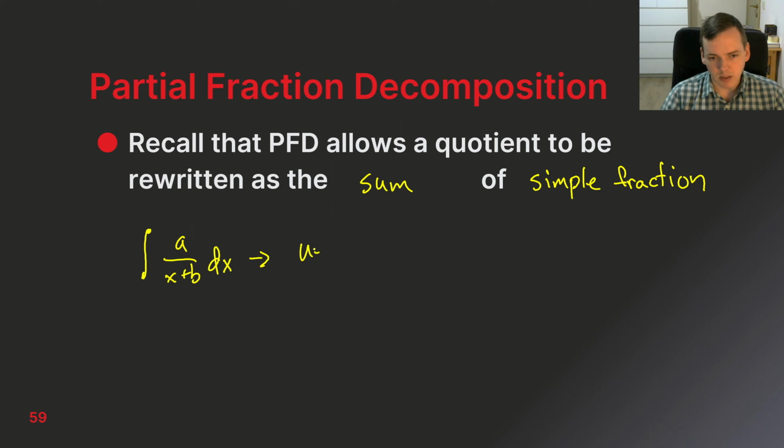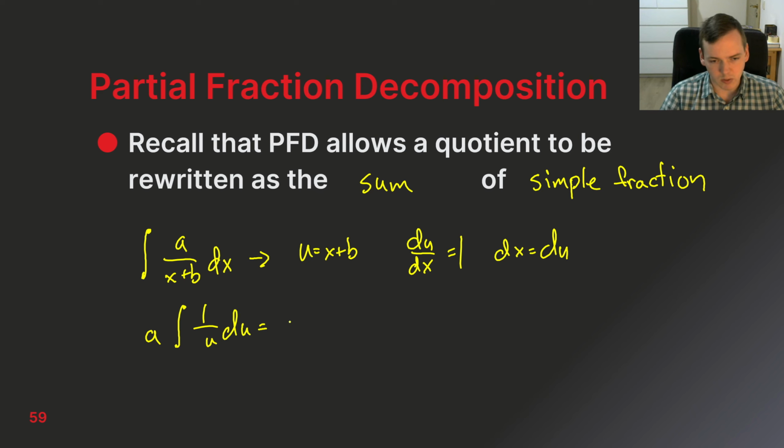So u is equal to x plus b, du dx is equal to 1, dx is equal to du, a times the integral of 1 over u du is equal to a times ln absolute value of u, which is equal to a times ln absolute value of x plus b.